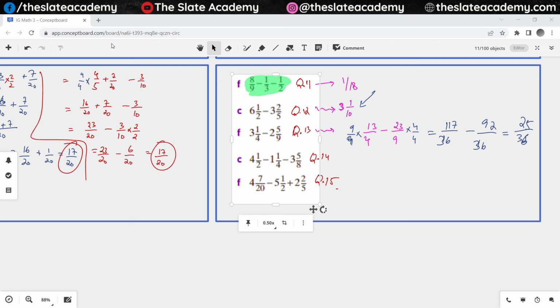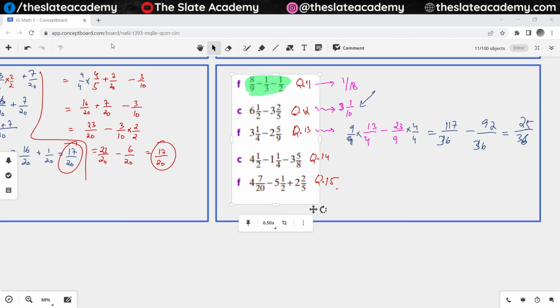All of you got that, right? Let's see where this problem comes from. 117 minus 92 is how much? 117 minus 92, that's 25. It's supposed to be 25 by 36.